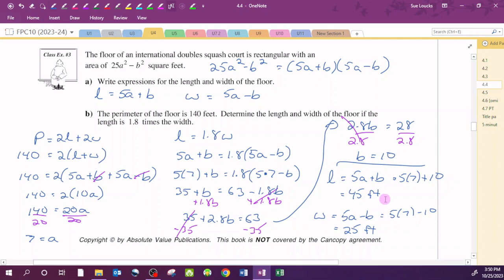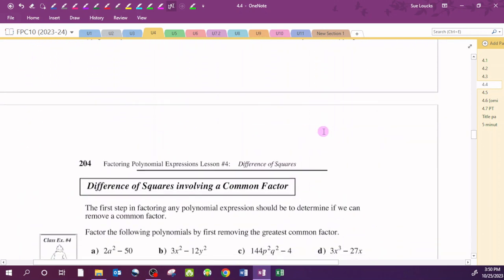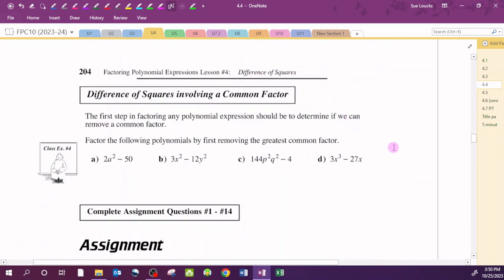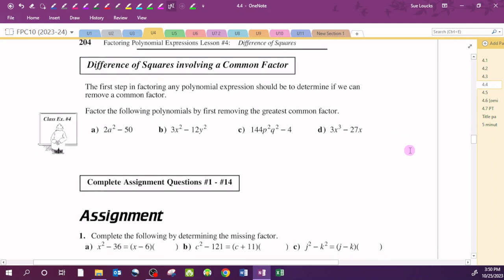Okay, one more little set of examples where there's a common factor. So when we look at this, it's not immediately visible that it's a difference of squares.